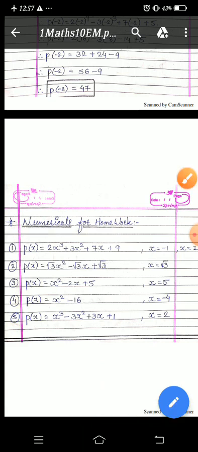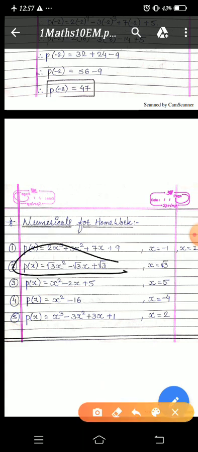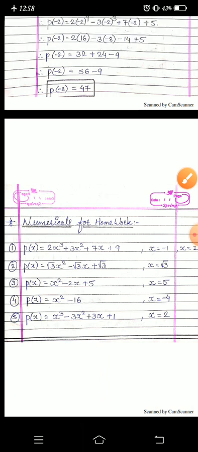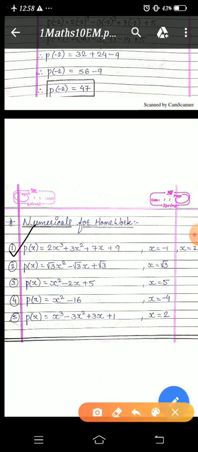Now the next question is root 3 x square minus root 3 x plus root 3 at x equals root 3. This is an important question from the exam point of view. You need to solve it very carefully. If you have any doubts in this question or any other question, you are free to ask. So there will be a total of 5 questions, with 2 questions in question number 1, so ultimately there will be 6 questions for you to do in your homework.